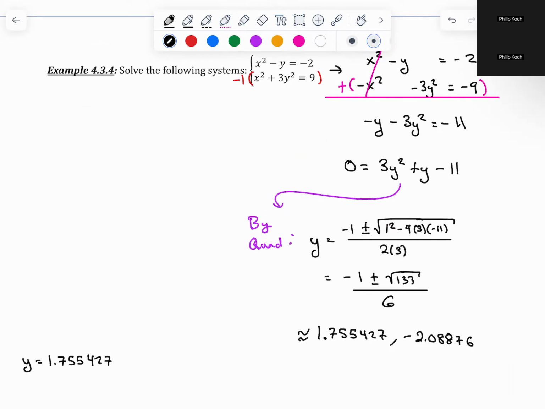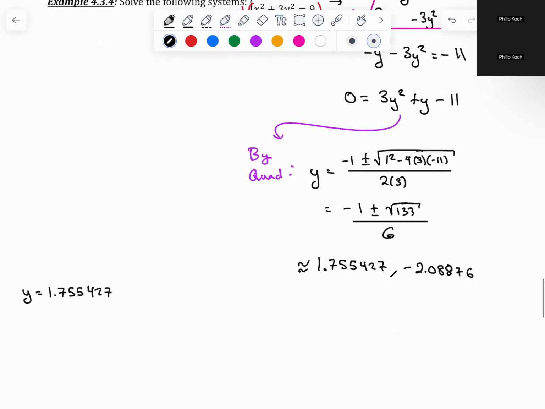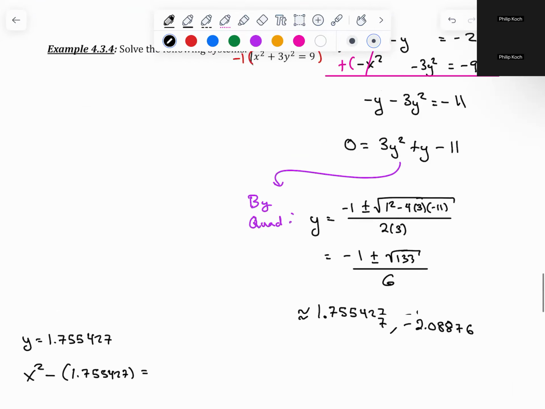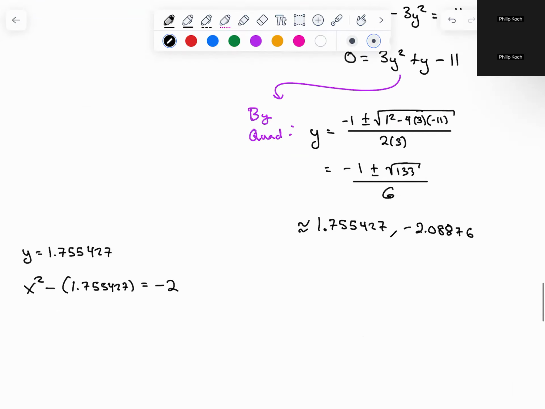I can just plug it in and call it good. So x squared minus y, which is 1.755427, equals negative 2. But negative 2 plus 1.755427 gives me x squared equals negative 0.244573.